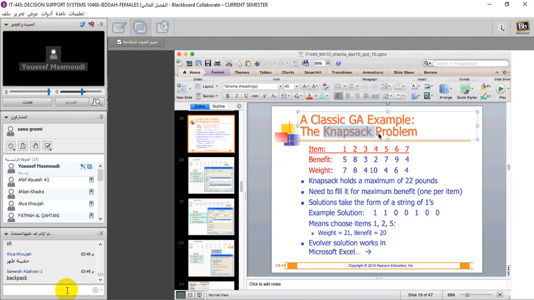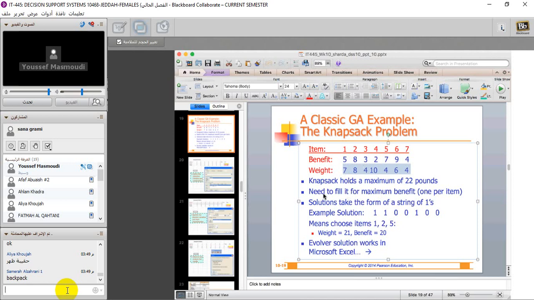So we have a knapsack and we have some items that we want to put in the knapsack. When you take a backpack and want to put your things in it, and you have several things, surely you will choose the most important ones to put in the bag, right? So let's say we have 7 items, and each item has a specific benefit, and a weight.